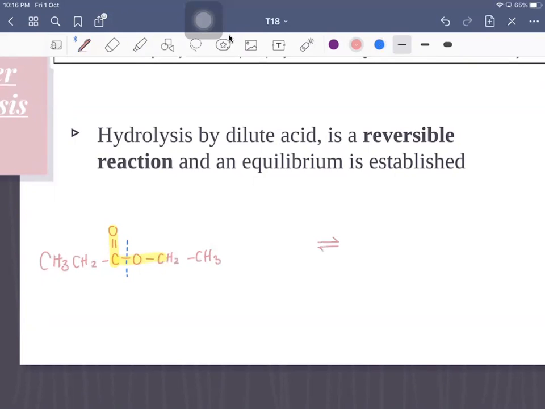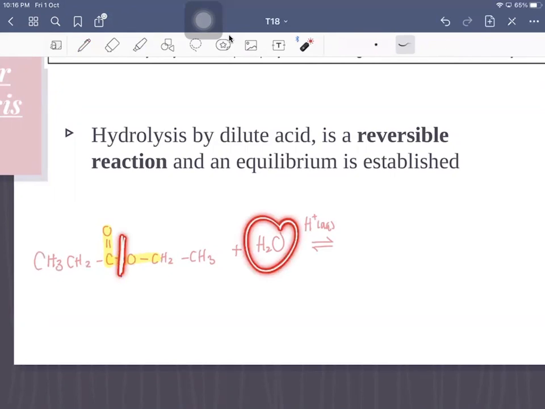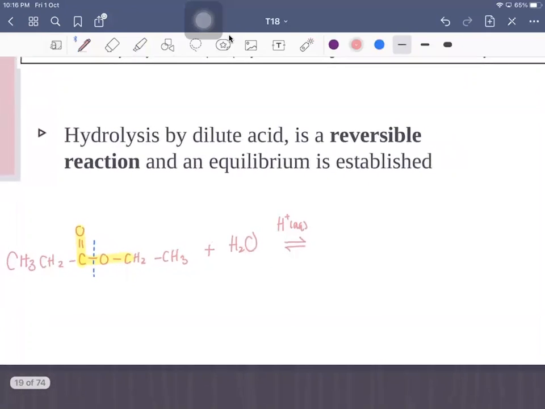And since this is a reversible reaction, we often show it by drawing a reversible arrow. Don't forget your other reagent, which is water, in the presence of an acid. That's why we call it acid hydrolysis. Hydrolysis, again, you need water to break the bond, right? So you form two products.